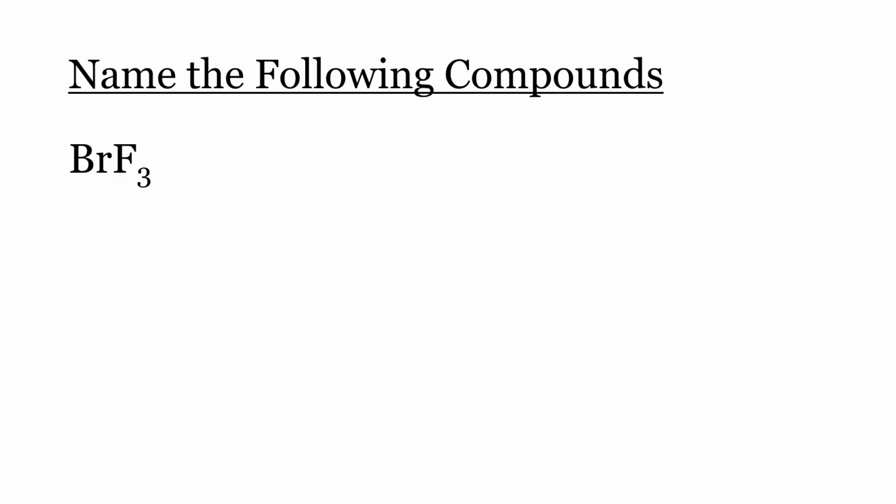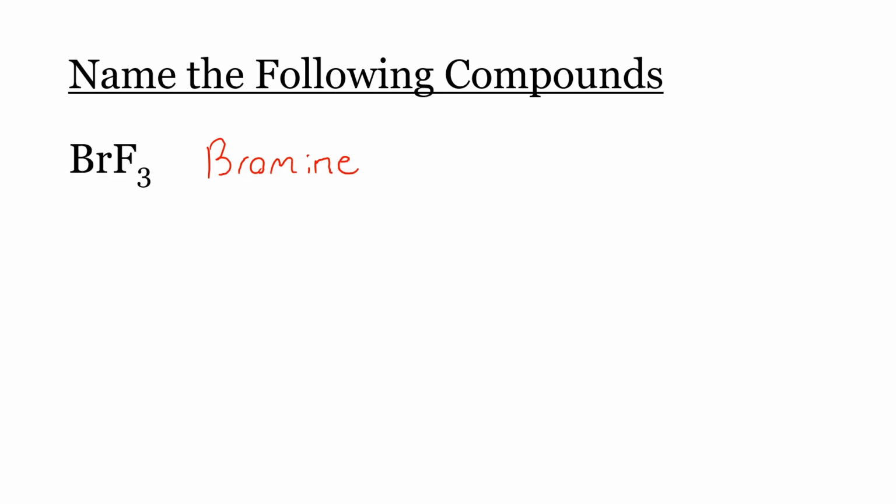Let's take a look at our BrF3. So a little bit more of a different type of compound. Let's go ahead and take our Br, so our bromine. This is going to be one bromine atom, but we do not use the prefix mono for it, so we just use bromine. And then we have our F3.